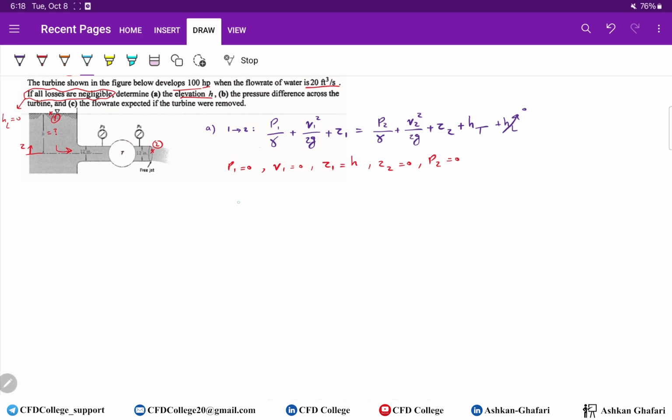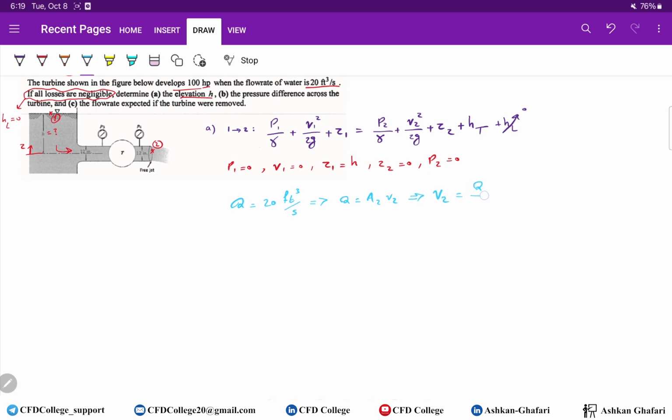Flow rate Q is 20 cubic feet per second. Q equals A2 V2. We know the diameter, so we can find the area and the velocity.